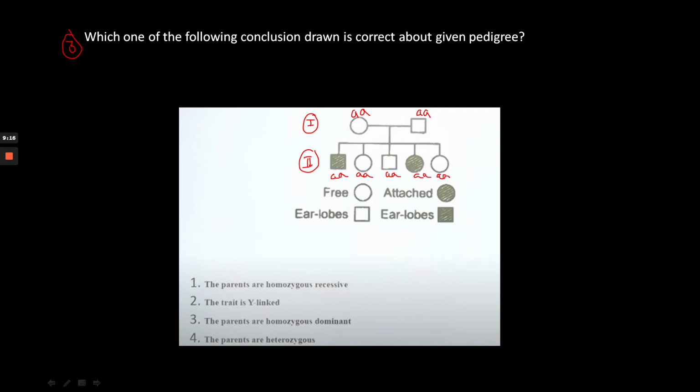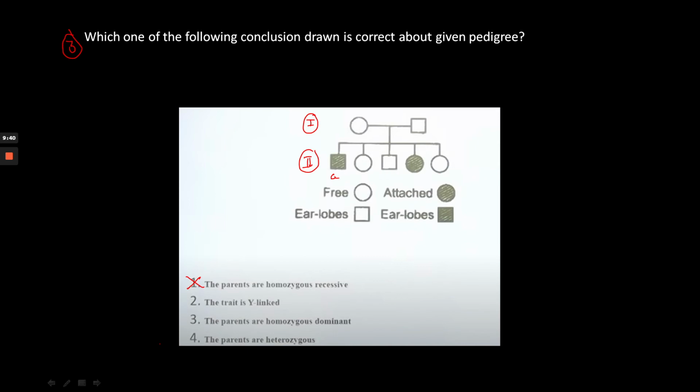Here this can be the only genotype of this individual, but it is diseased. So this genotype is not matching here, and so this statement is incorrect. The parents cannot be homozygous recessive.